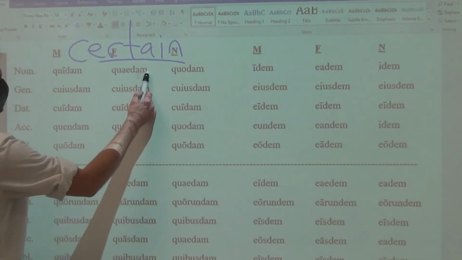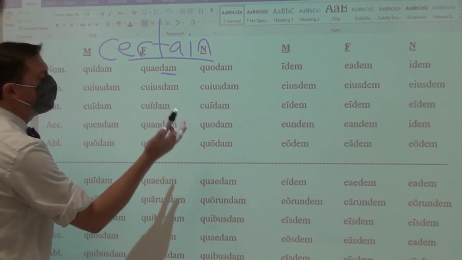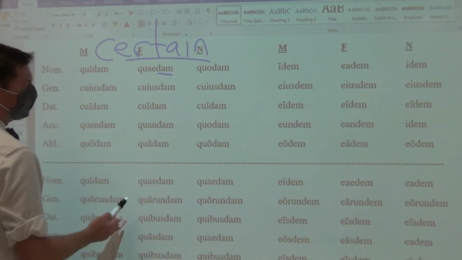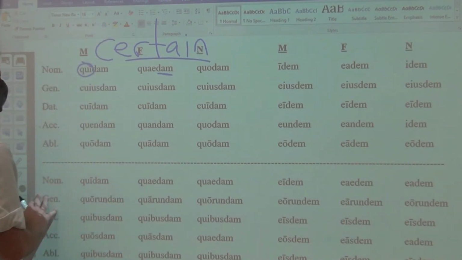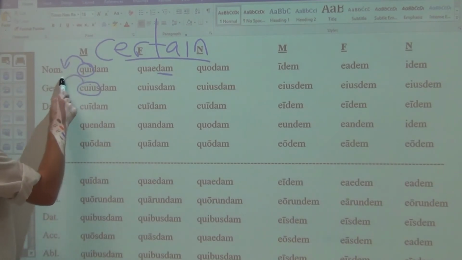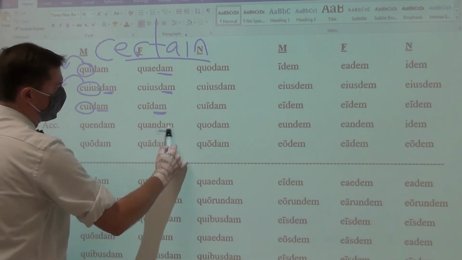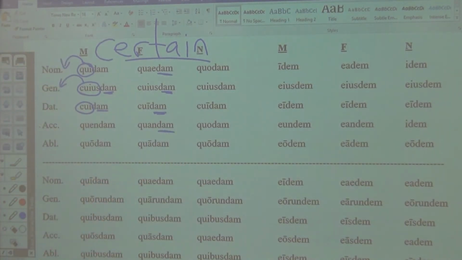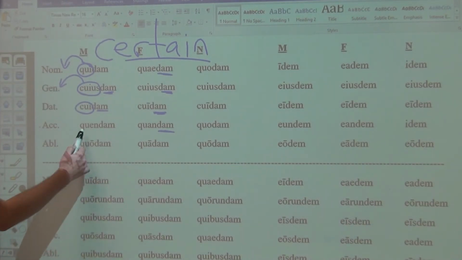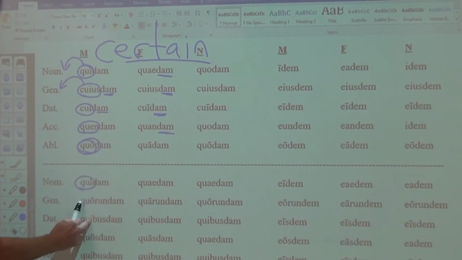You don't look at the dam part to figure out what it's modifying, because these are demonstrative, indefinite adjectives. Instead, you look at the qui part to know that it's modifying something nominative. You look at the cuius part to know that it's modifying something genitive. You look at the cui part. You ignore the dam part. Very often students see the dam part and think that it's modifying something accusative. No. You look at the qui, quae, quo part. The quo, the quibus, the quorum, and so forth and so on.